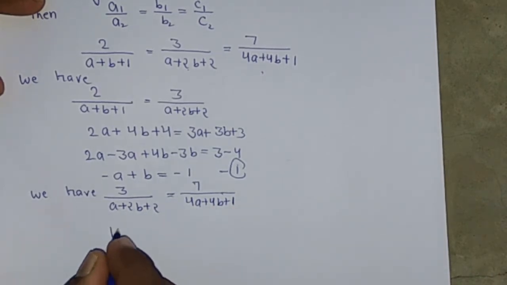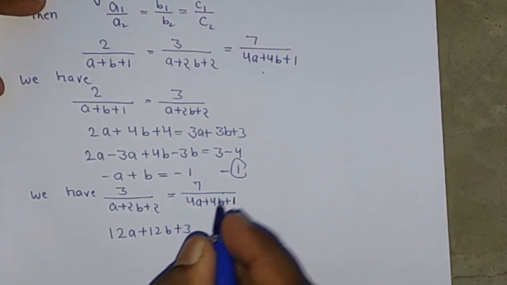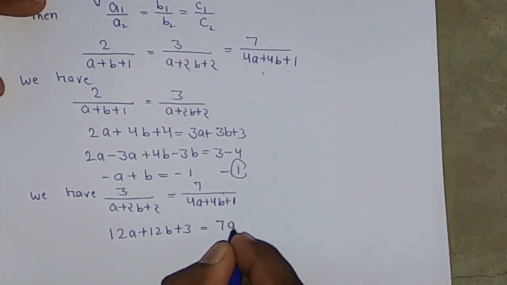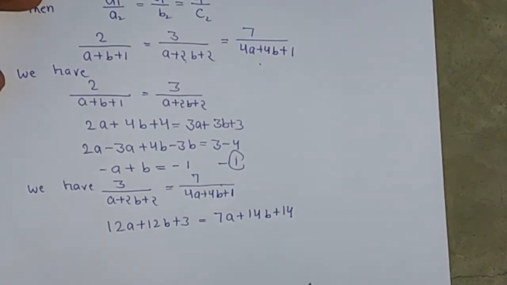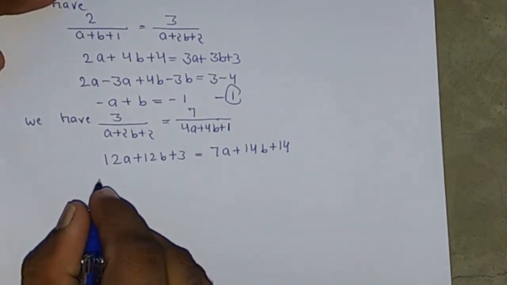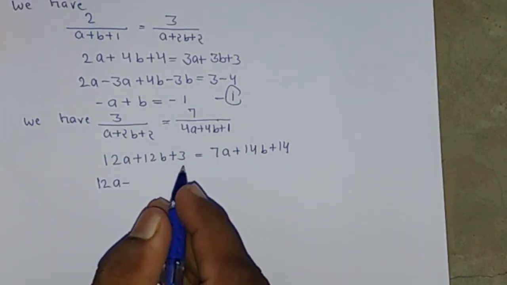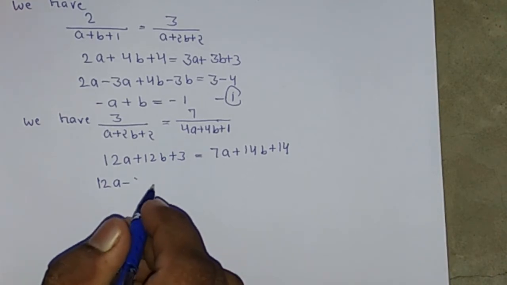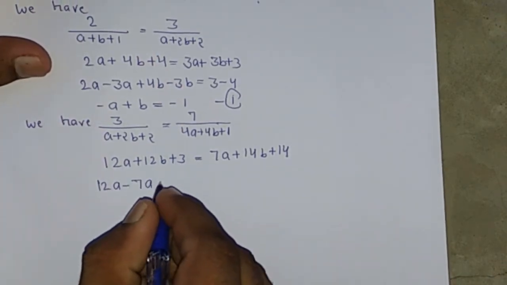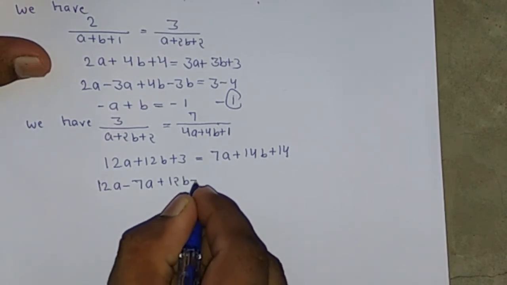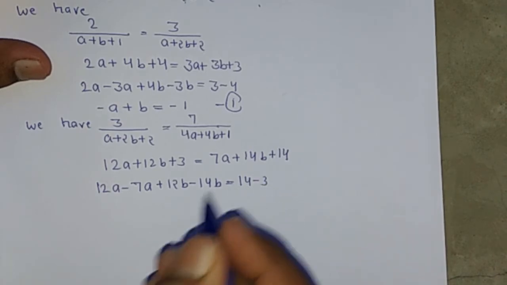cross multiply: 12a plus 12b plus 3 equal 7a plus 14b plus 14. Now 12a minus 7a plus 12b minus 14b equal 14 minus 3.